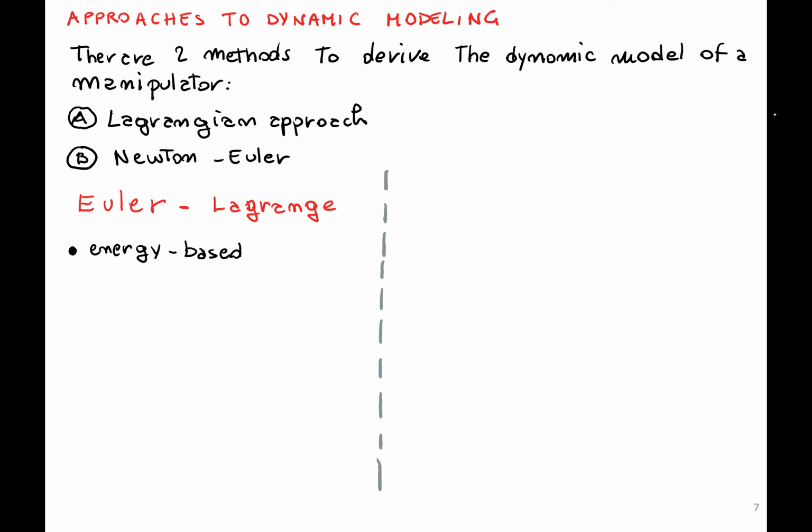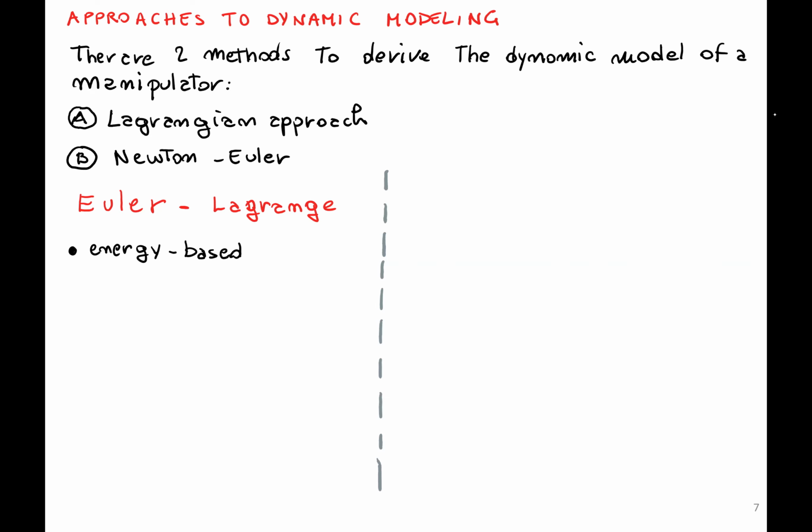And the two energies that are relevant for this macroscopic world are the kinetic and potential energy. Both methods, I need to say, give the same dynamic model as output, even though the form of this model and the use of this model are different.